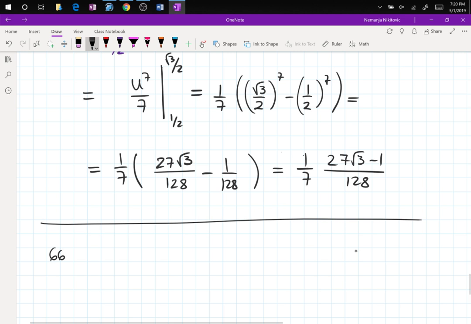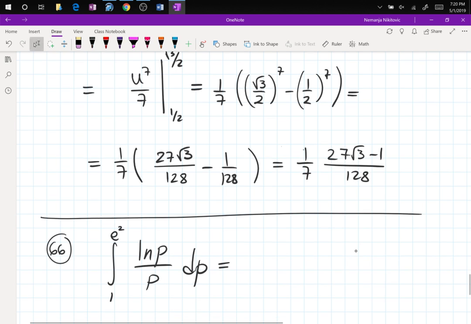Wonderful example, 66. Integration of 1 to e squared of ln p divided by p dp. You got this.